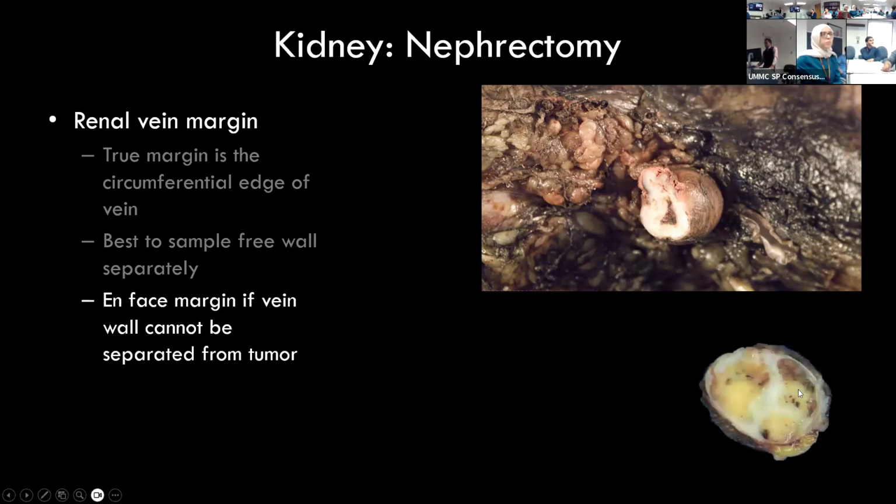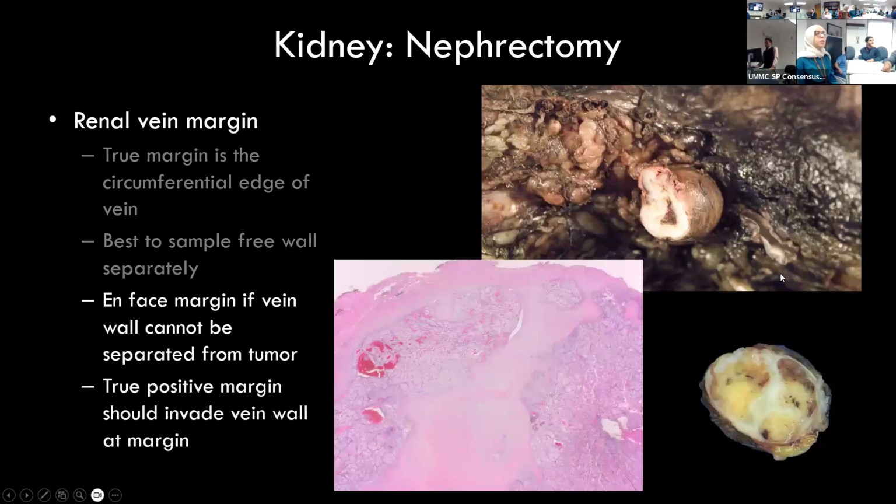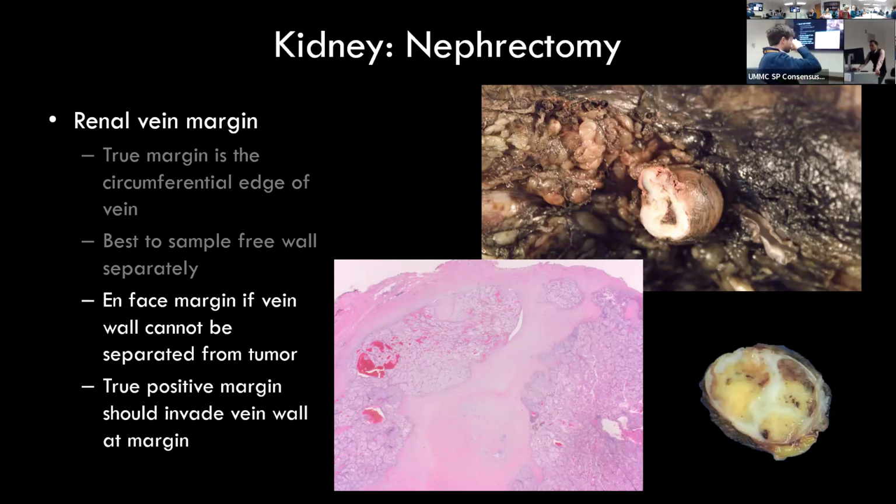So this one is okay as an on-spot margin. The whole purpose of doing this is that a truly positive margin is one where the tumor is involving the wall of the vein. If I see a tumor involving the wall of the vein like this, that's the true positive margin. That's why we need to submit it appropriately.